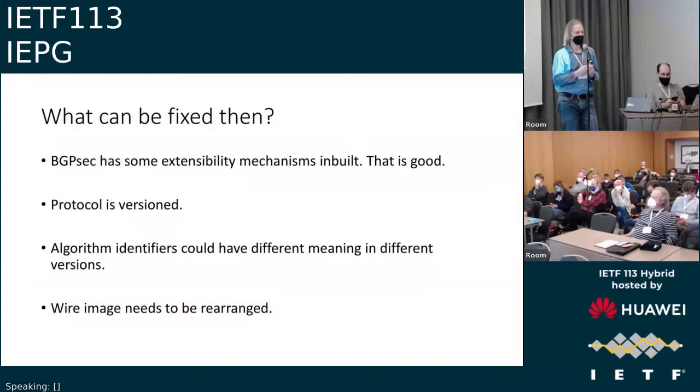Doing a new version, and then within BGPsec, there is a mechanism which allows for algorithm change. That mechanism right now identifies only the algorithms themselves, so it's SHA-256 and P-256. It doesn't say anything about the format over which it operates. One of the possible ways for another version of BGPsec would be to extend this algorithm identifier to cover the format of the data which is being processed.